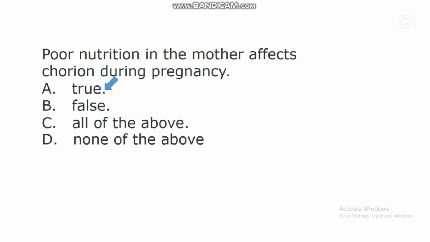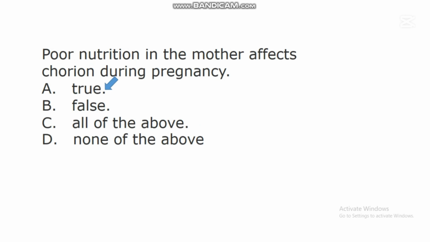True. Studies have shown that nutrition plays a great role in the development of various structures in the body system. So when there is poor nutrition in a pregnant woman, it can affect the development of this important membrane known as chorion.